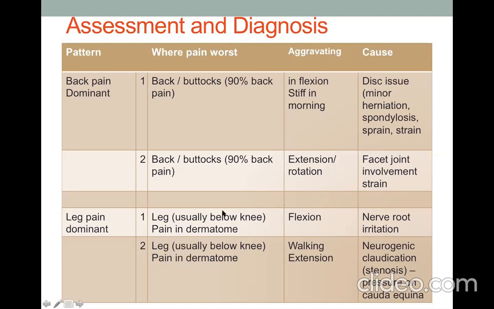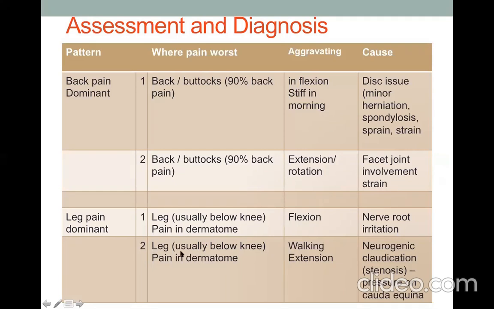If your patient has any symptoms below the knee joint, please make sure that those symptoms are because of a herniated disc impinging on the nerve root. This gives you 100% confirmation that it is a slipped disc, like stage 3, the prolapse.